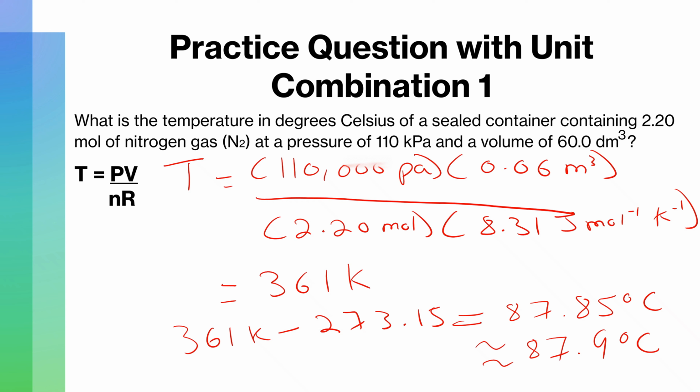So our final answer to this question of what is the temperature in degrees Celsius of a sealed container containing 2.20 moles of nitrogen gas at a pressure of 110 kilopascals and a volume of 60.0 decimeters cubed, our temperature is 87.9 degrees Celsius.